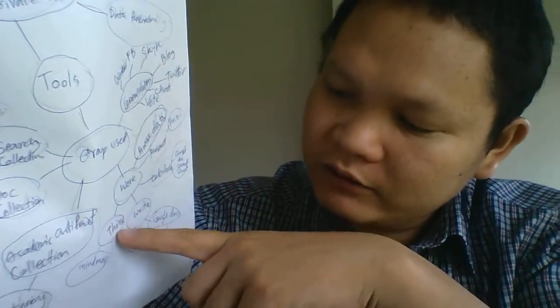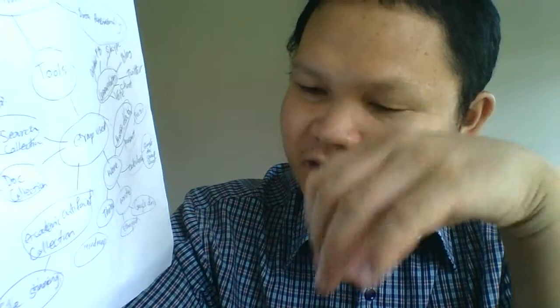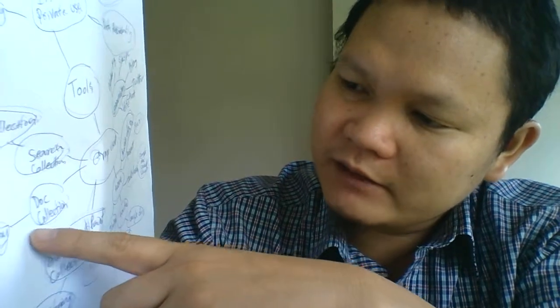To support your thinking, you have mind map tools for your brainstorming session, or to extract your ideas. Then you have searching from the library. You have file sharing like Dropbox that you can use for the purpose.